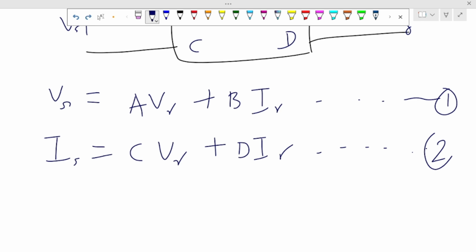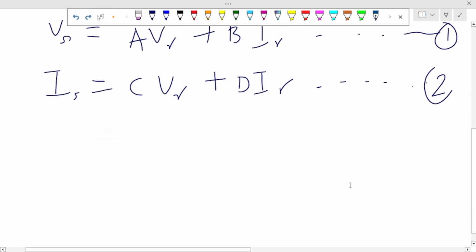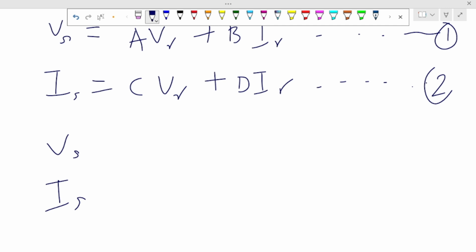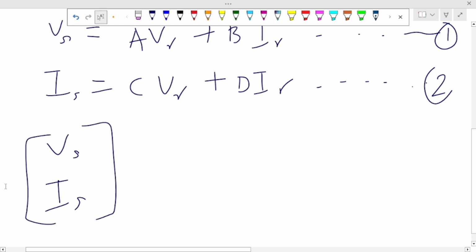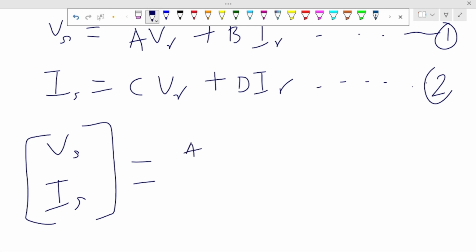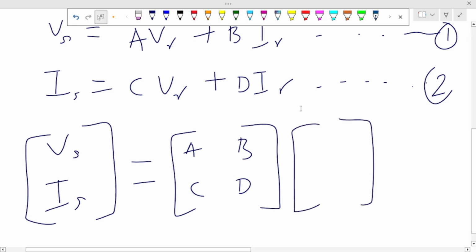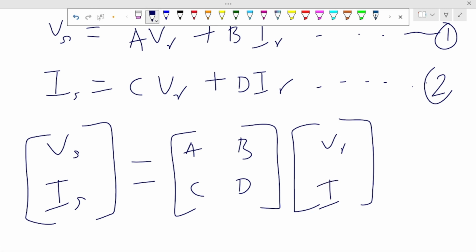Now this already looks like that kind of matrix stuff, where we can simply say Vs, Is equals the matrix A, B, C, D multiplied by VR and IR.